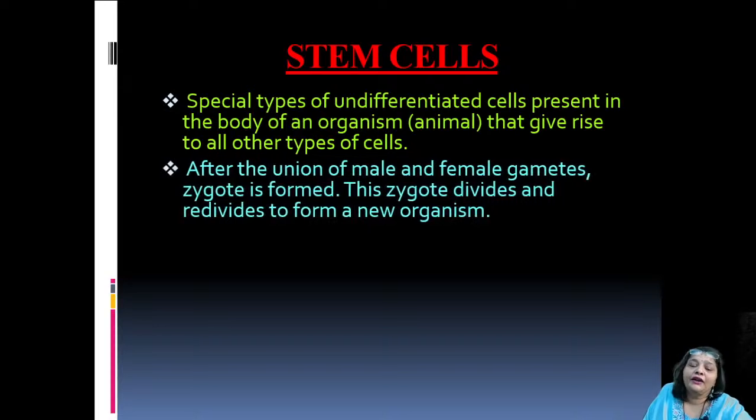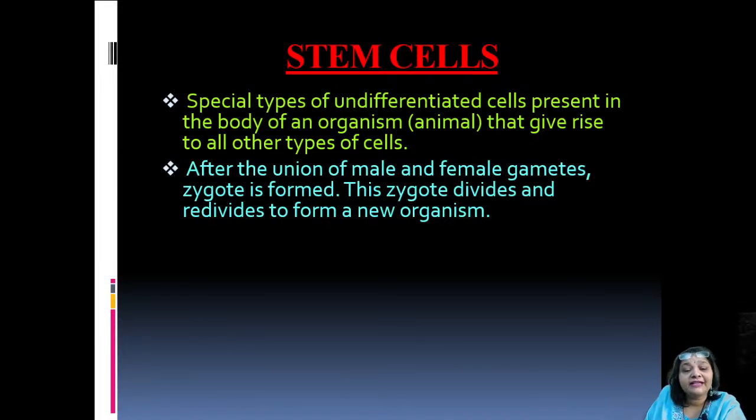Got it? Now, but where and how are these stem cells produced in the body? Let me tell you, after the union of male and female gametes, where we call it the zygote is formed, a new life emerges out of the haploid cells during sexual reproduction. Now this zygote divides and redivides to form a new organism, a fetus, a small child, isn't it?